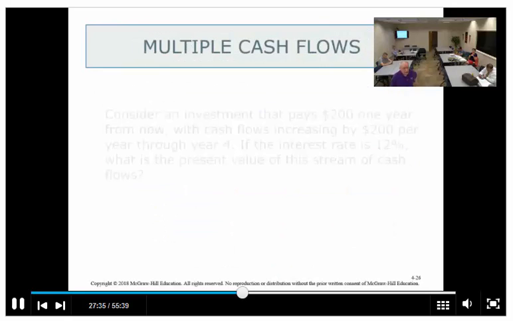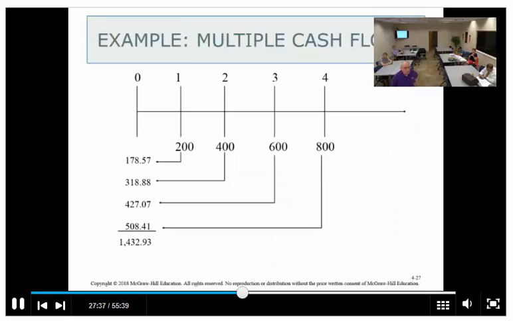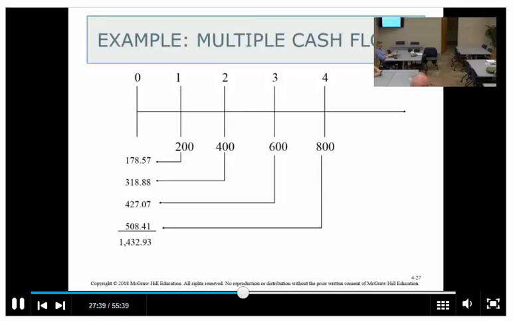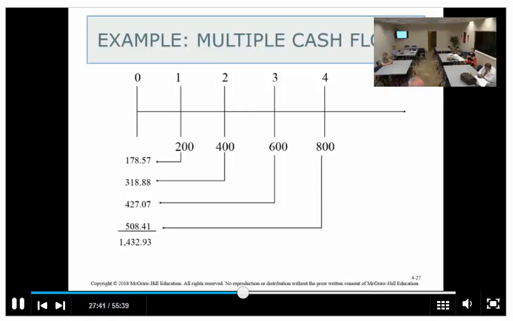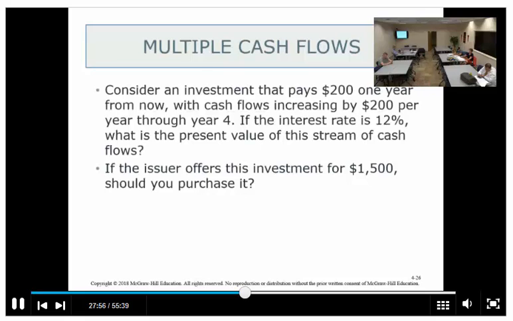All right, now, what happens if we have multiple cash flows of different sizes, all right? So far we've been dealing with present value and future value of single amounts. What happens when we have a cash flow stream that is different? And what this is saying is that we're going to invest $200 and we're going to increase it by $200 a year for 4 years.